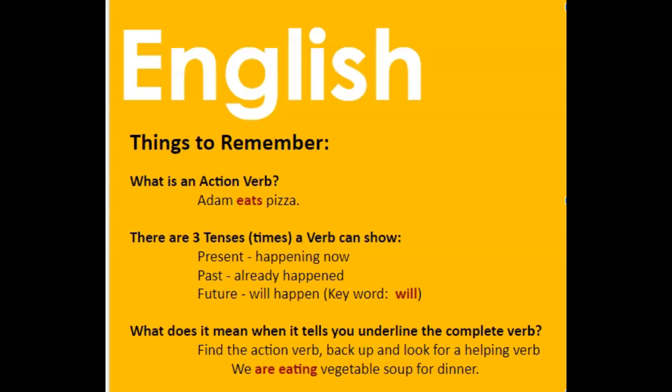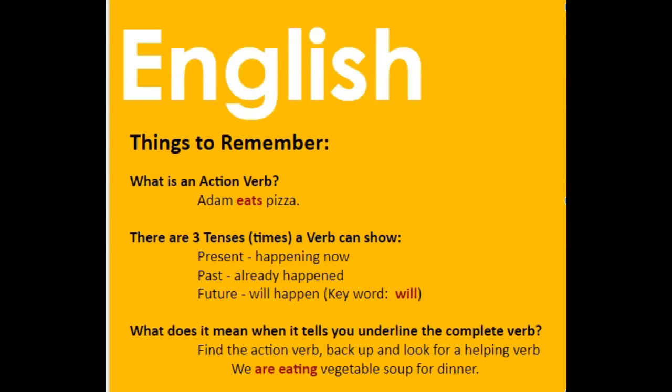It is about Adam. So Adam would be our subject. Eats would be our action verb. And remember, I did tell you that usually the subject and the verb are next to each other. Okay, so that's a little hint and a reminder.